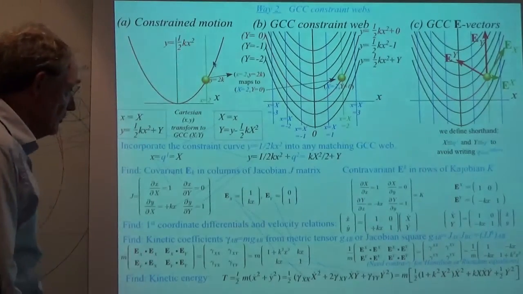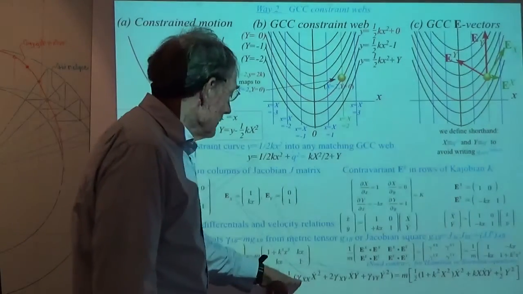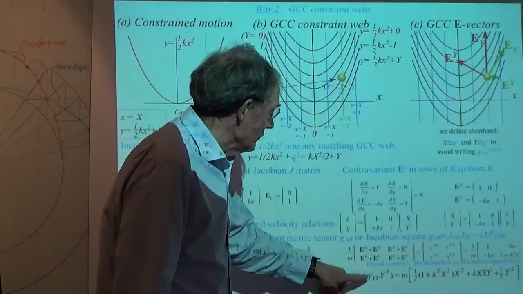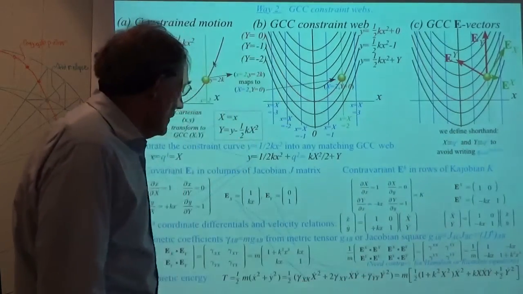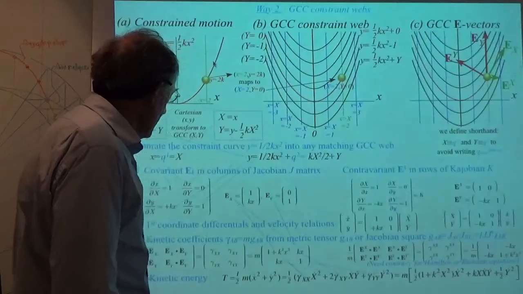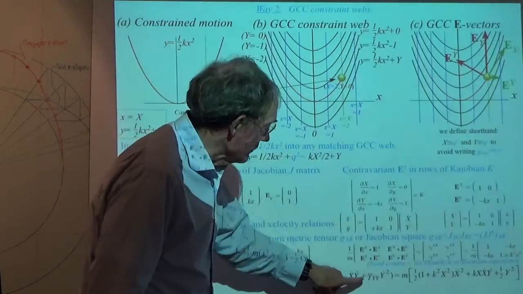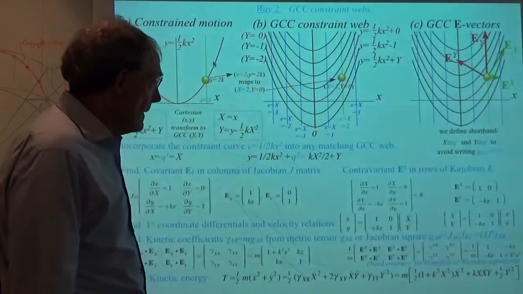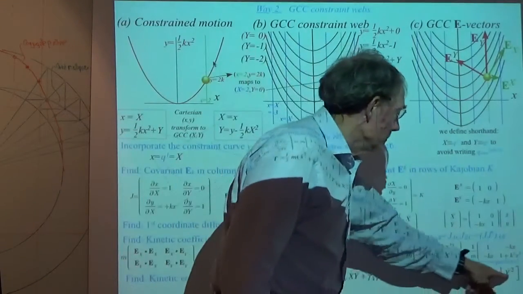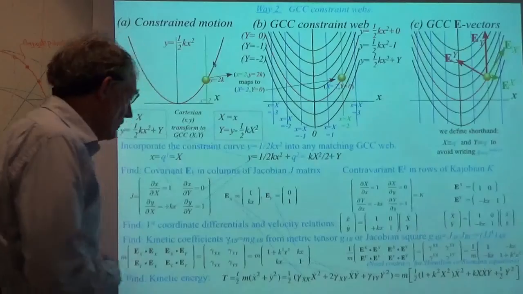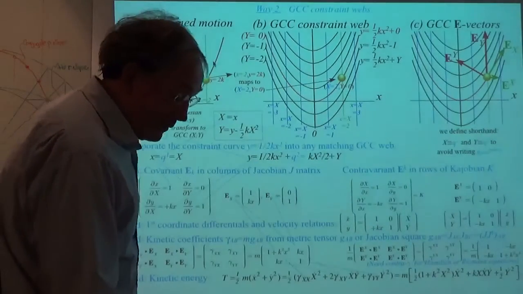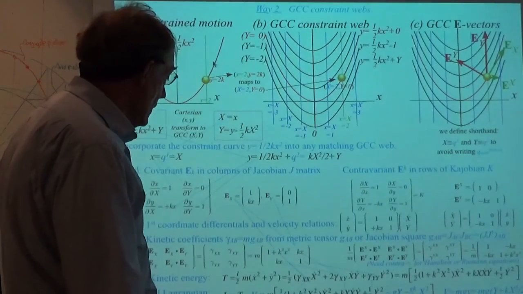So, kinetic energy consists of, if you're going to use the Lagrangian approach with the velocities, you're going to use the gamma sub, that is the covariant metric, to get it. And there's our kinetic energy expressed in the velocity form.